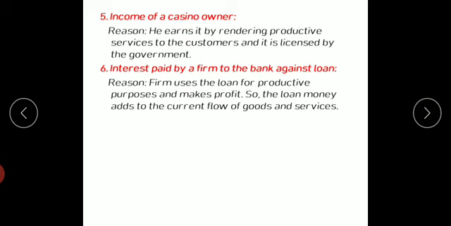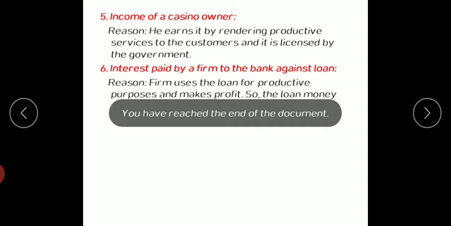So when a household takes loan and pays interest to the bank, household uses it for consumption purpose, and any loan taken for consumption purpose and interest paid for that will not be included in the calculation of national income. Is that clear? This is a very frequently asked question: interest paid by firm to bank is included or not? It will be included, but interest paid by household to the bank will not be included.